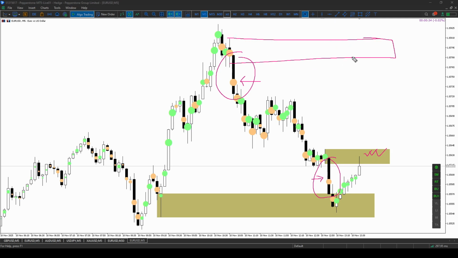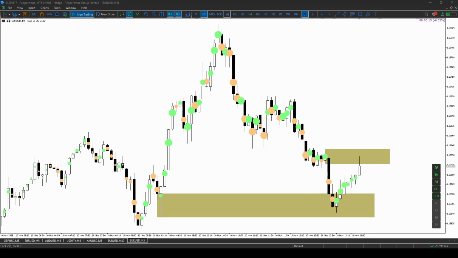If price respects that area and I can see some moves or volume movement, then I might open a short position. But still, it's a short time frame analysis, and I'm always looking at the higher time frame analysis first.